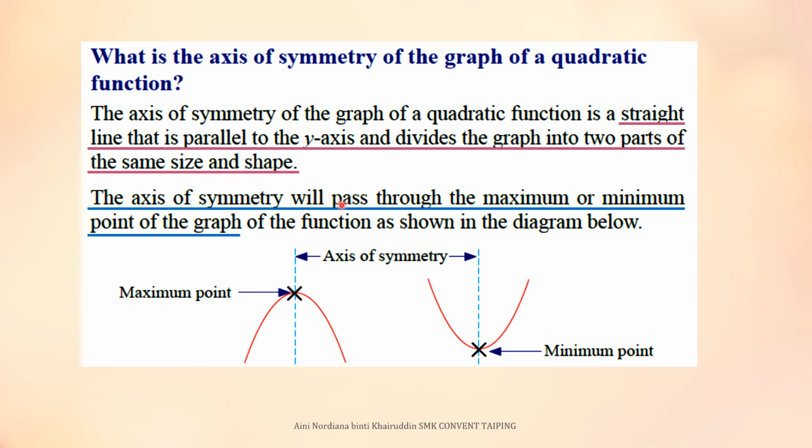The axis of symmetry will pass through the maximum or minimum point of the graph of the function as shown in the diagram below. So the dotted blue line here is an axis of symmetry that passing through maximum point and minimum point, which divides the graph into two parts with the same size and shape.